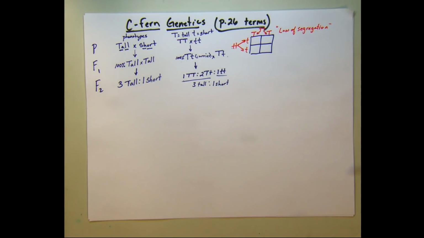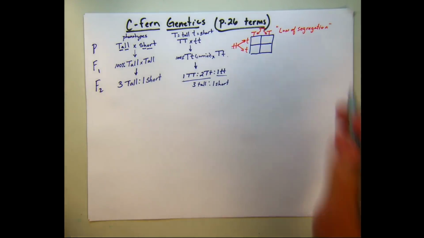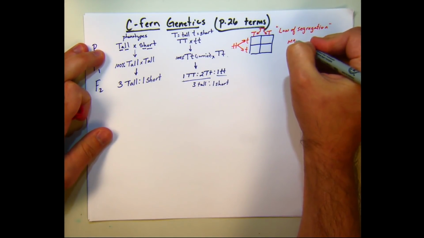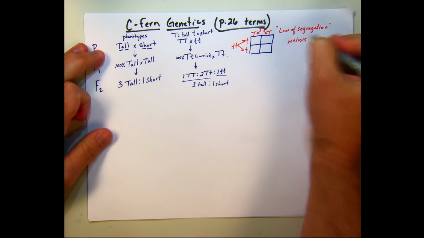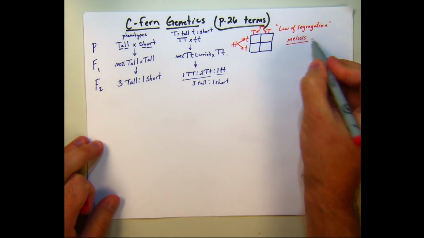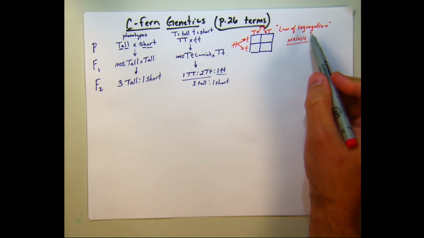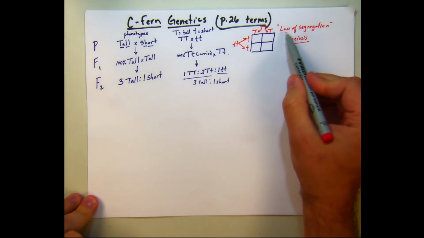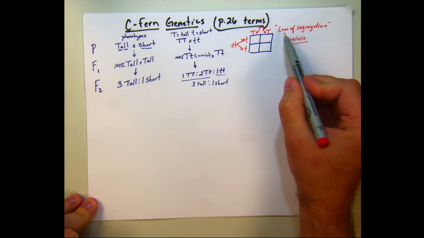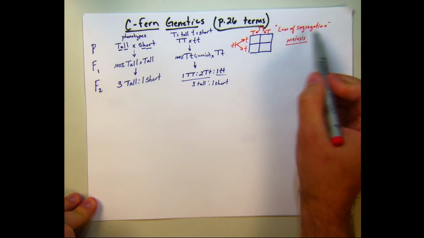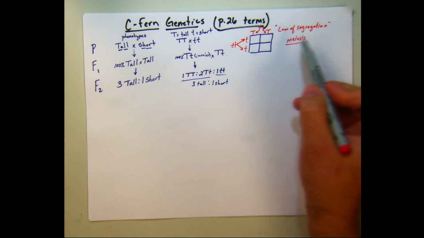So what we're doing here is we're describing a little process called meiosis. All right? Mendel was describing meiosis decades before it was later described, by saying the law of segregation. That means meiosis is occurring.